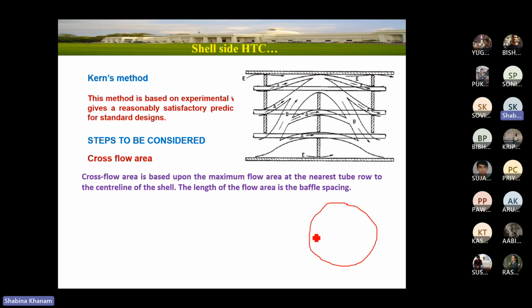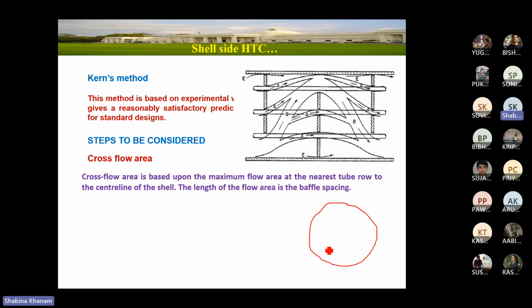As I'm moving from the center to above or below, the number of tubes will keep on reducing. In the tube bundle, the maximum tubes are available at the center instead of this line.